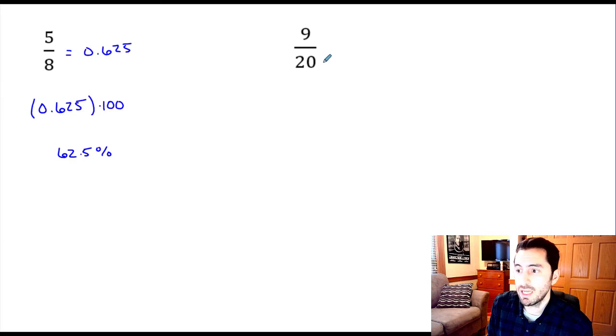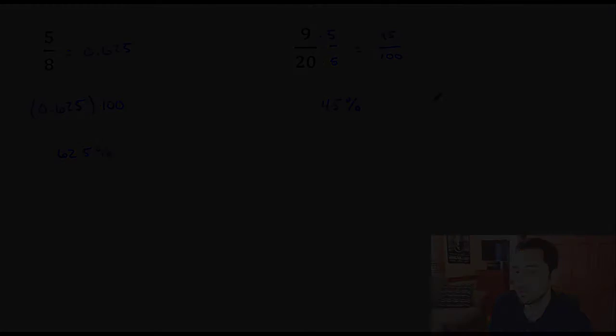So to make my denominator of 20 equal to 100, we're going to multiply by 5. And I also need to multiply the numerator by 5. This gives me a fraction of 45/100. So I have 45 parts per 100, so my percent is 45%.